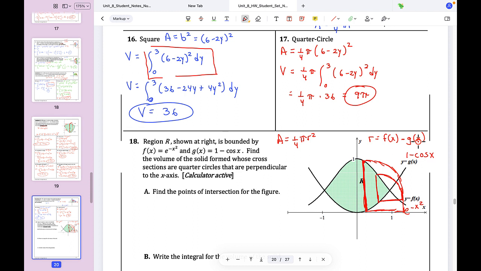Okay. So we're looking at a volume. They're kind of stepping us through it here: find the points of intersection for the figure. This is a calculator section.